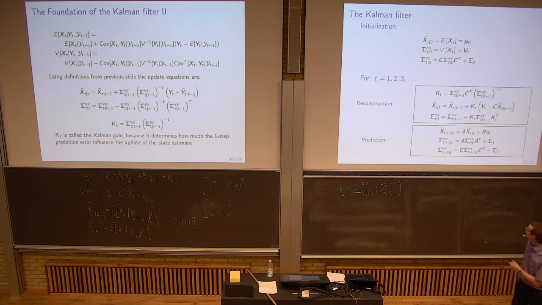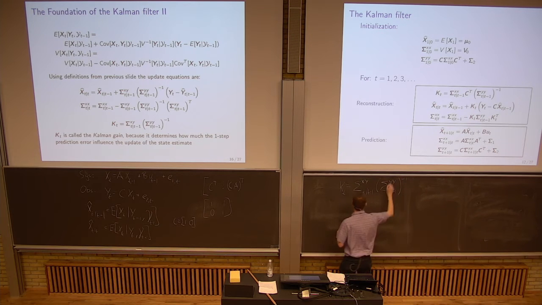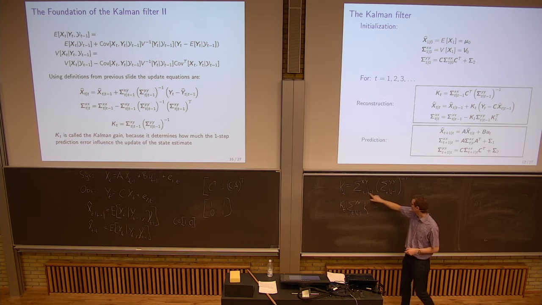The easiest way is to just multiply it in. So it's the Kalman gain times sigma_yy, t given t minus 1, and then the Kalman gain transpose. If we insert the Kalman gain from up here, we get sigma_xy, t given t minus 1, then the inverse of sigma_yy, t given t minus 1.